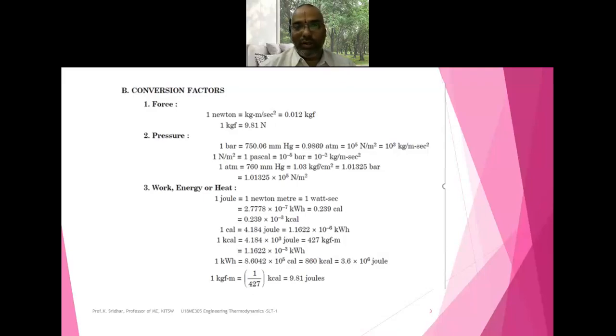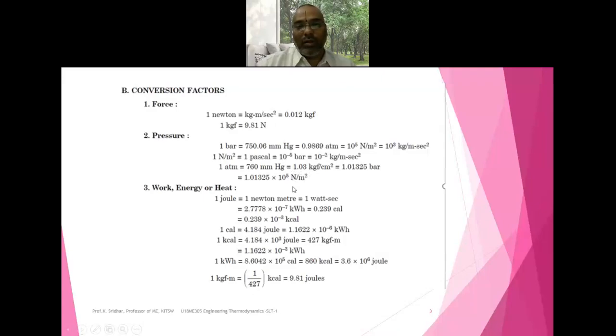We know that pressure is defined as force per unit area. Force units are newtons and area units are meter square. That's why the SI unit of pressure is Newton per meter square.